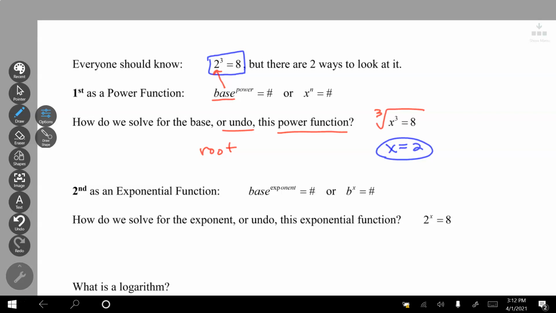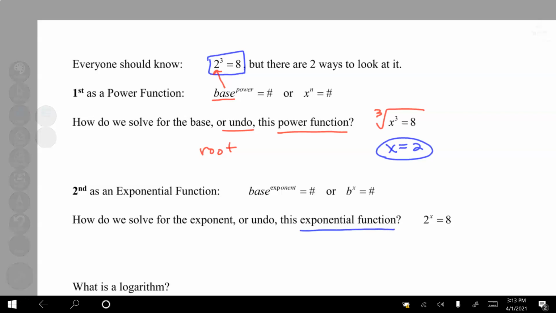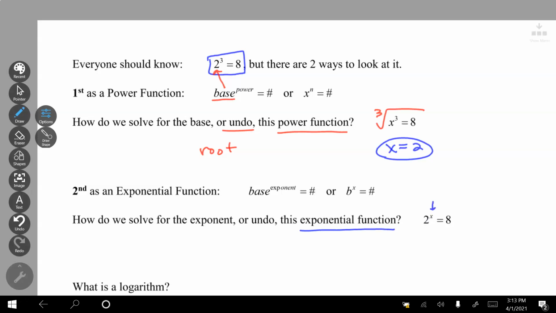That's looking at it as a power function, a base raised to a power. But if I look at it as a base with an exponent, and that's the way we're going to look at it now, how do I undo an exponential? So I have 2 raised to this exponent is equal to 8. And I understand x equals 3 because we talked about this already. But to undo this, I'm going to have to use a logarithm of the same base.